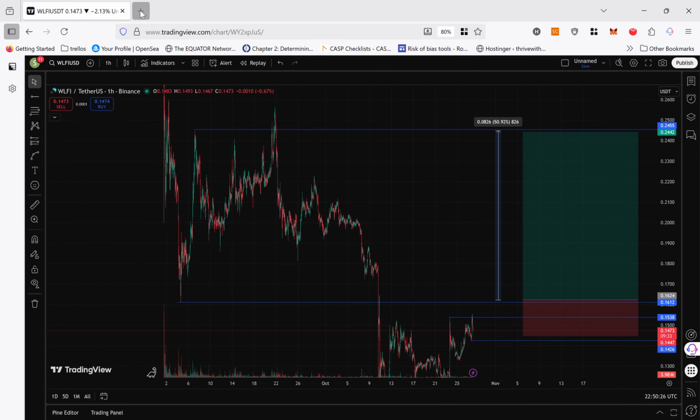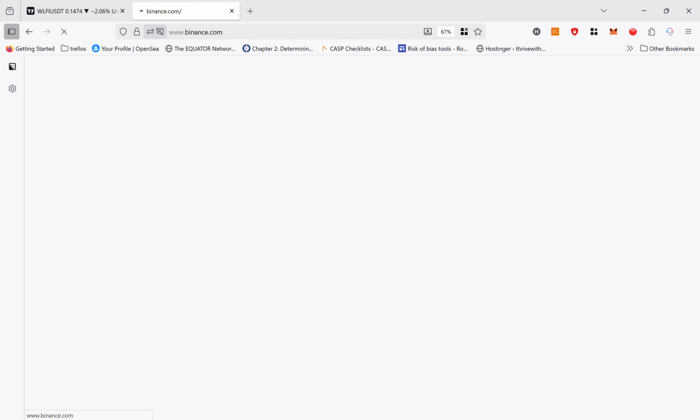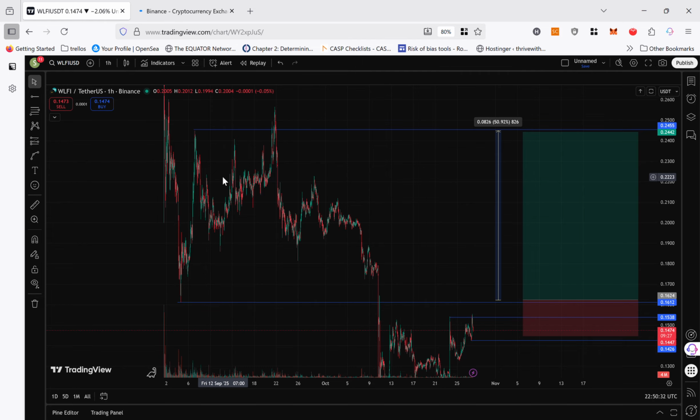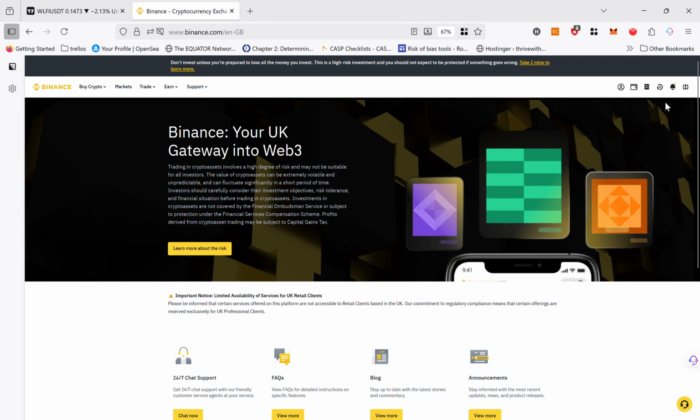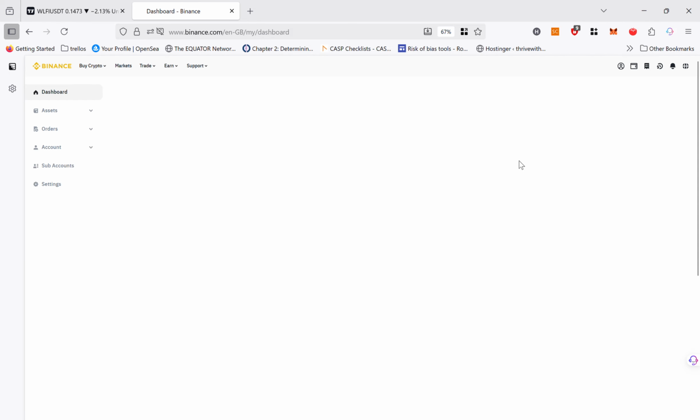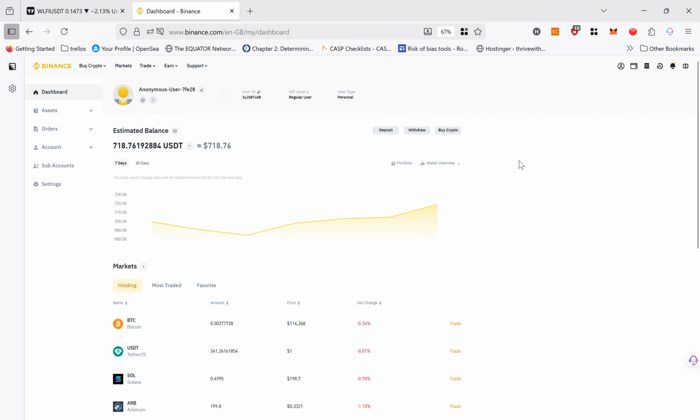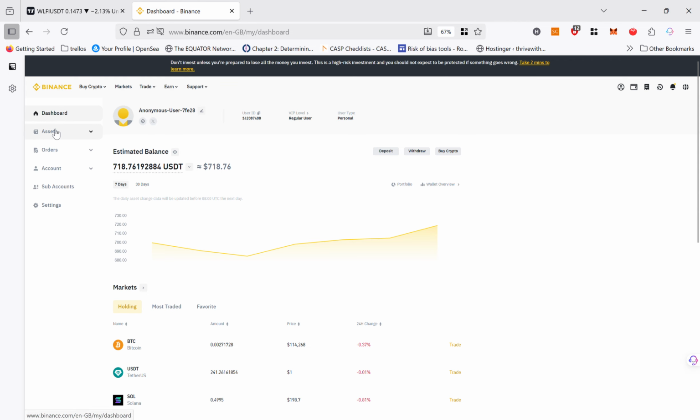Let me see if I can open Binance and show what it looks like. I am in. Spot.